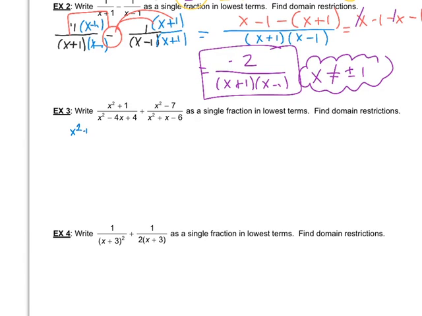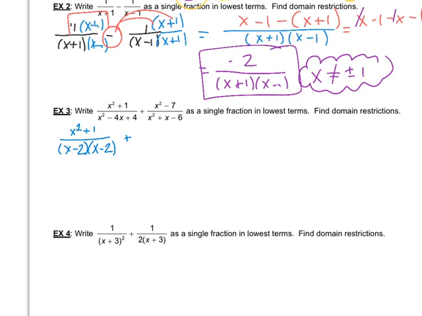And then my denominator, x squared minus 4x plus 4, I can factor that. The two numbers that would multiply to positive 4 and add to negative 4 would be x minus 2 times x minus 2. Okay, so then on my second fraction I see x squared minus 7. That I could factor.